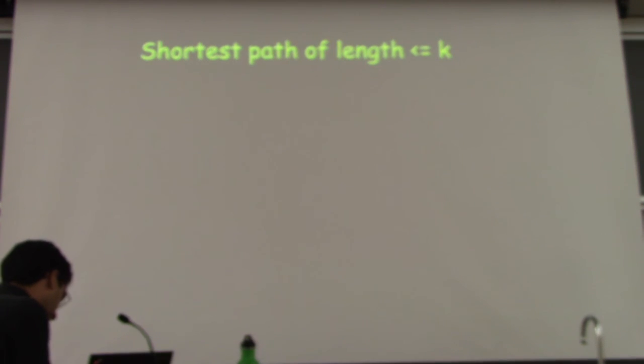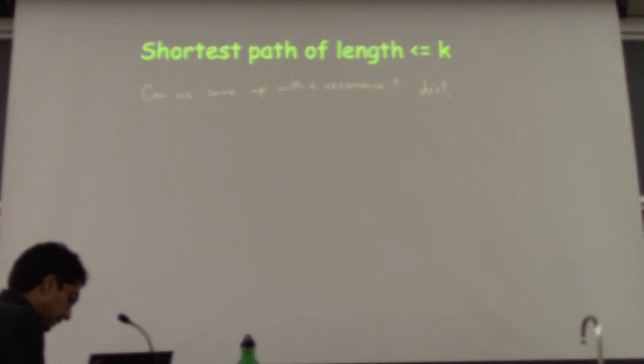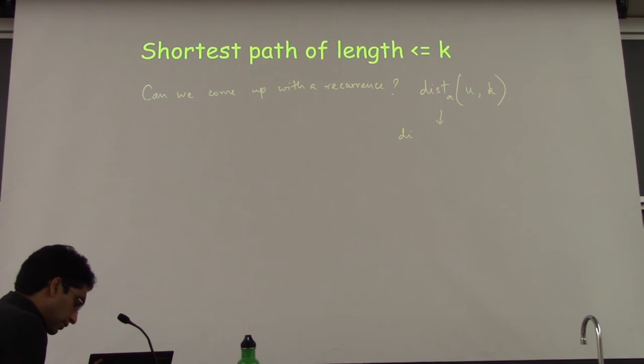So can we come up with a recurrence? We want to maintain these quantities, dist A of U comma K, and formally what this means is the shortest path from A to U of less than or equal to K hops.